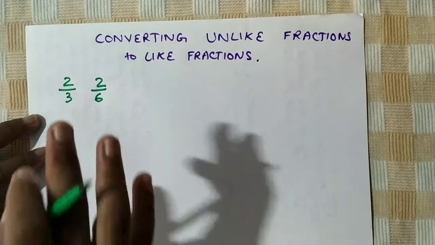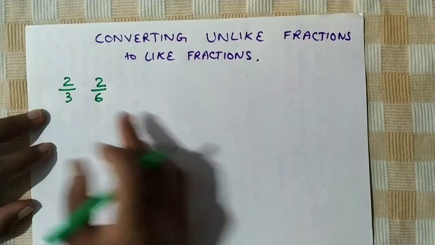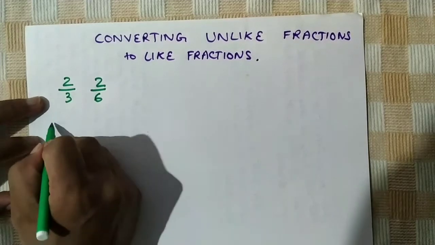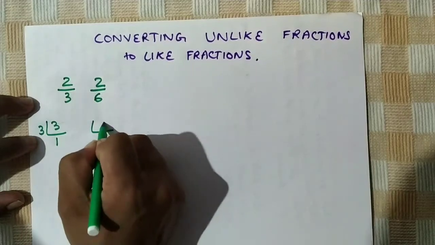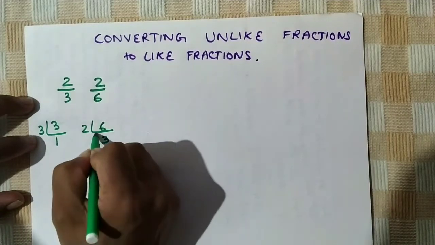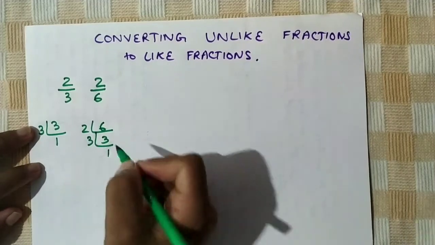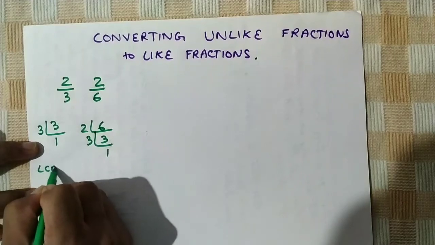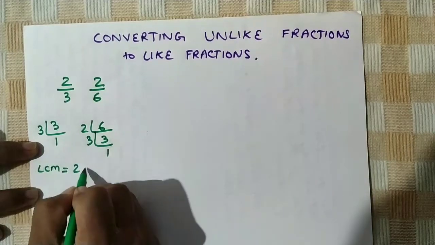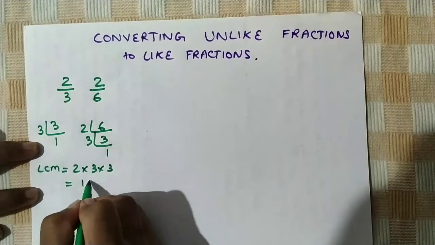In order to convert this, we'll have to find the LCM of the two numbers. For example, 3's LCM will be 3 only, and for 6 it will be 2 threes are, and 3 ones are. Now the LCM will be 2 into 3 into 3, that is 18.